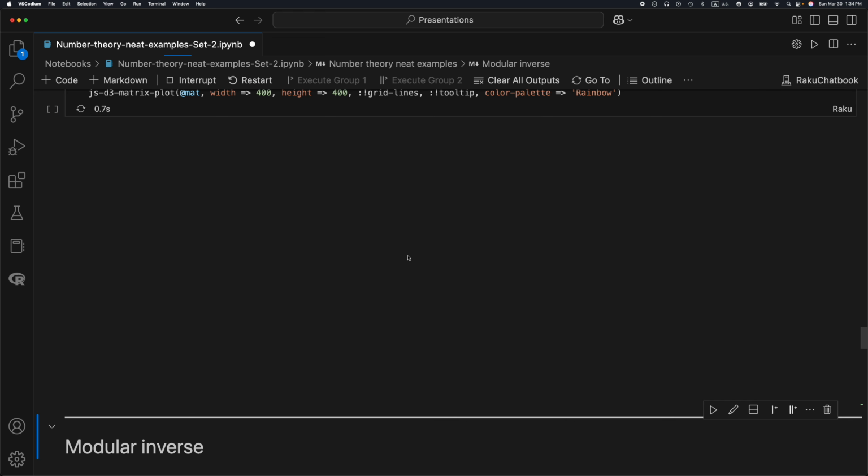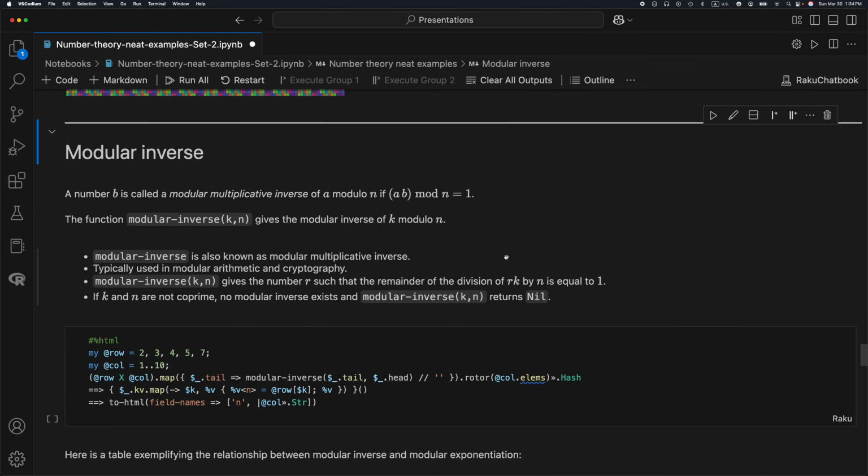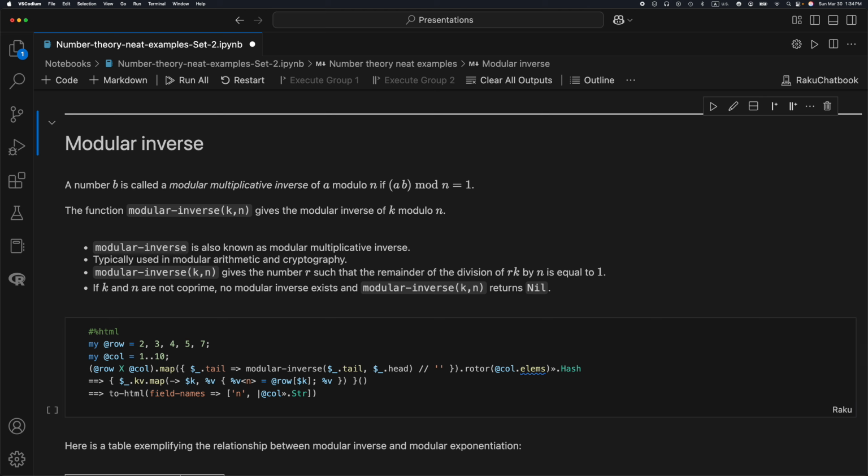All right, so let's discuss modular inverse. It's connected to power mode. In general, one of the most important mathematical concepts or constructs in number theory, especially in algebraic number theory, is the multiplicative group of integers modulo n. So here we have the modular multiplicative inverse of a, modulo n, defined in this way.